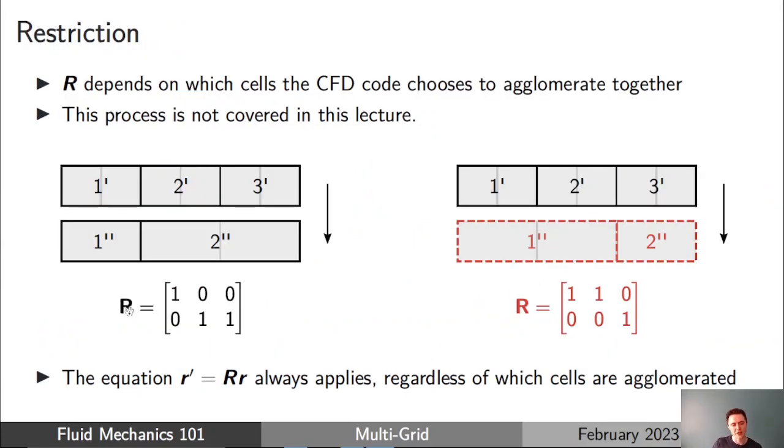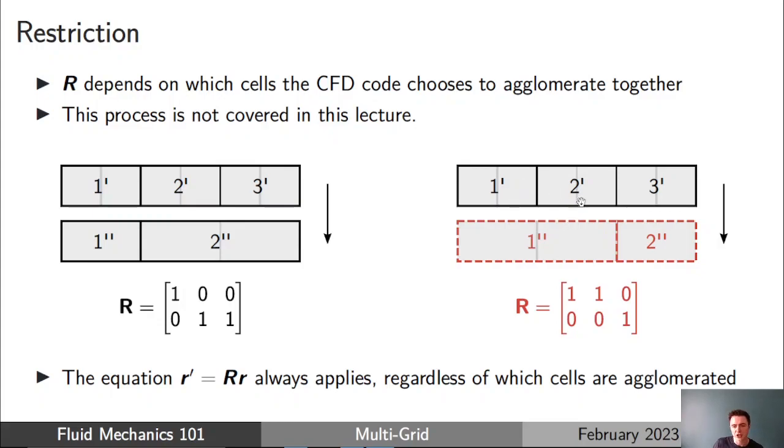And of course, this matrix R, the restriction matrix, is going to depend on which cells we choose to agglomerate together. And just from these 2 simple examples you can see here on this slide, if I choose to agglomerate cells 2 and 3 together into 2', you can see that the restriction matrix R is going to take this form.